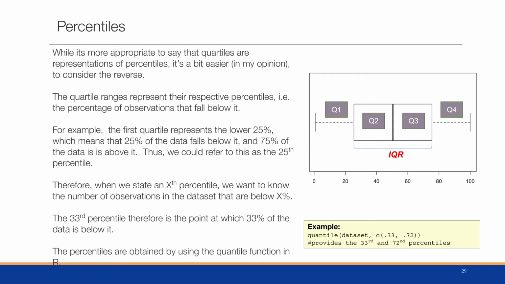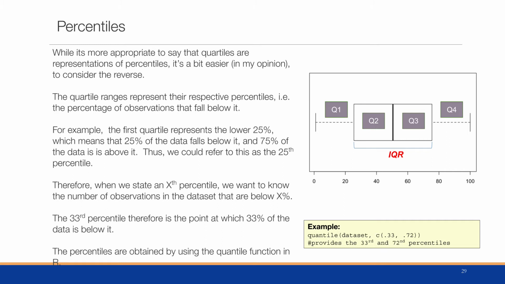So therefore, when we state an X percentile, we want to know the observations that fall below that X percent. The 33rd percentile, therefore, is the point at which 33% of the data falls below it. And if we had the 72nd percentile, it would be 72% of the data falls below that percentile.